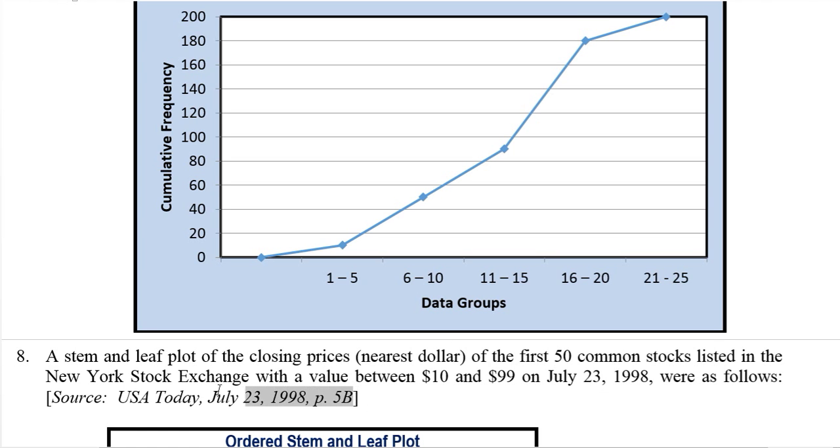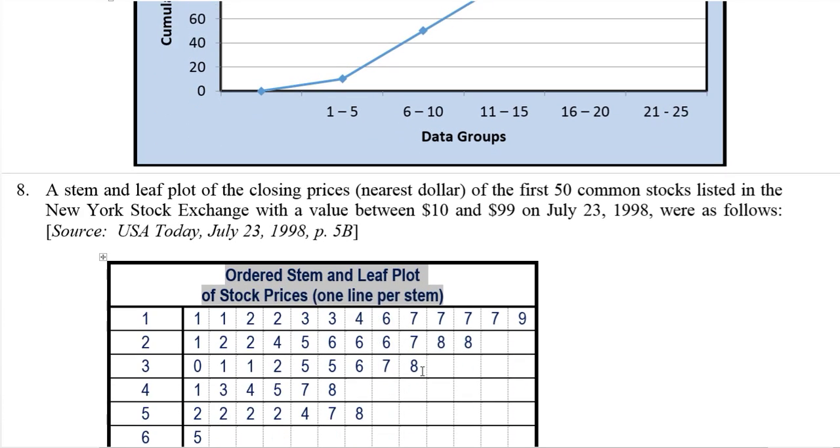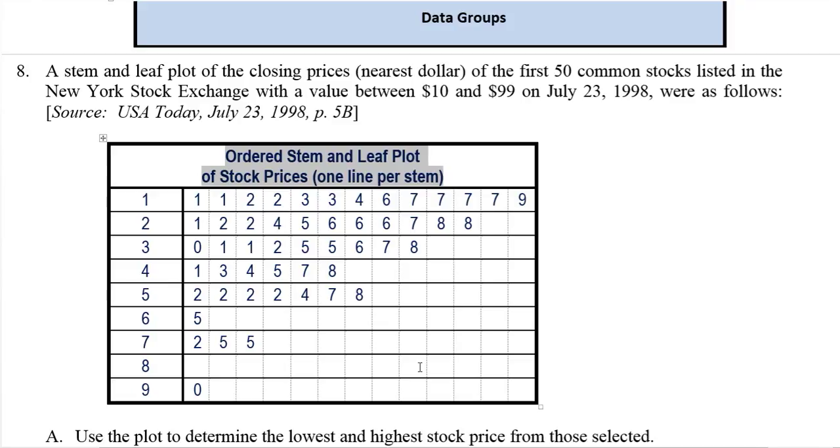A source like that is good to list, and then of course you want to have some sort of title, and then here's the actual stem and leaf plot. That's one line per stem. There are enough stems in here that I would probably just do one line per stem.